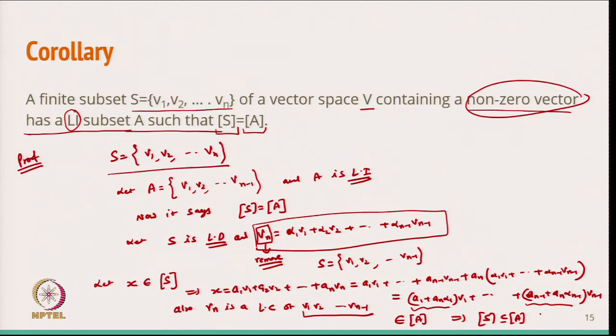So, in this case, from here I can also write that A is a subset of S. Okay. So, then I can choose an element, and A is a Li vector set.